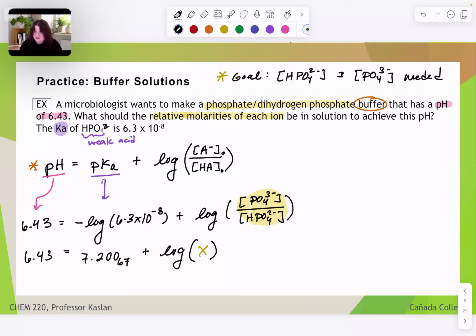So let's first isolate the log term. So 6.43 minus our 7.2006. When I subtract this over, I get negative 0.757, carrying a couple digits there. That's equal to log of x.